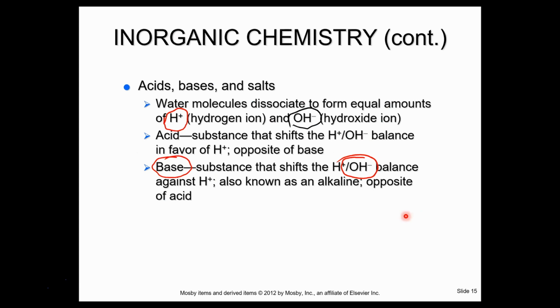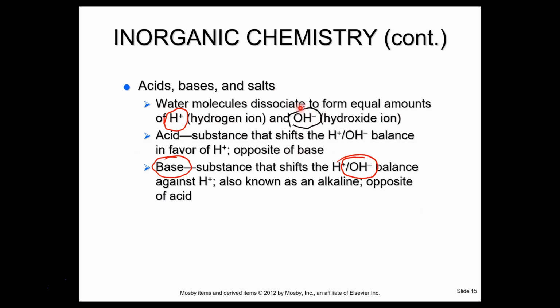Next, let's talk about acids, bases, and salts. Of course, we know that water is neutral, even though in the liquid state it dissociates into a hydrogen ion and a hydroxide ion. The hydroxide ion is negatively charged, and the hydrogen ion is positively charged.